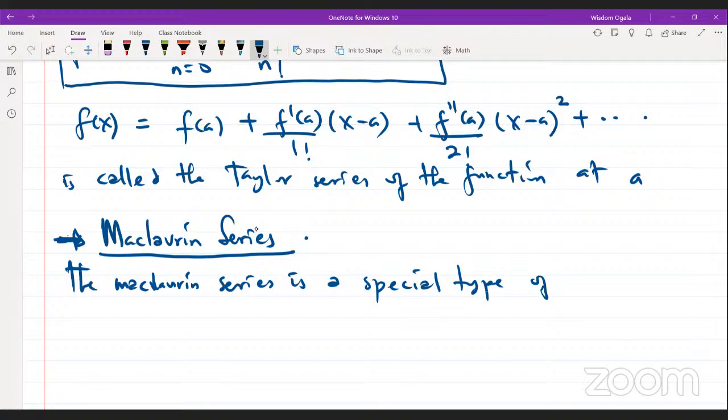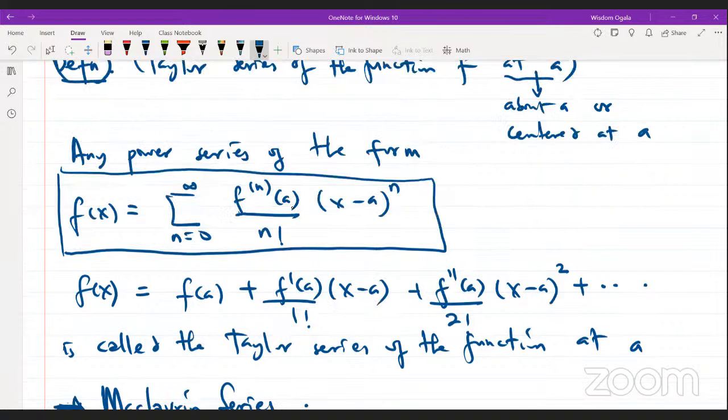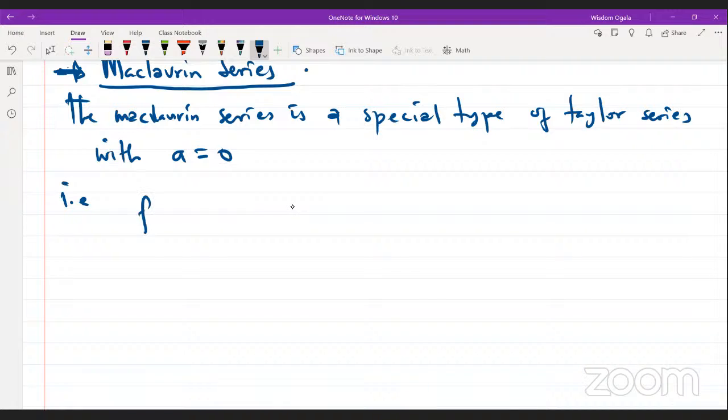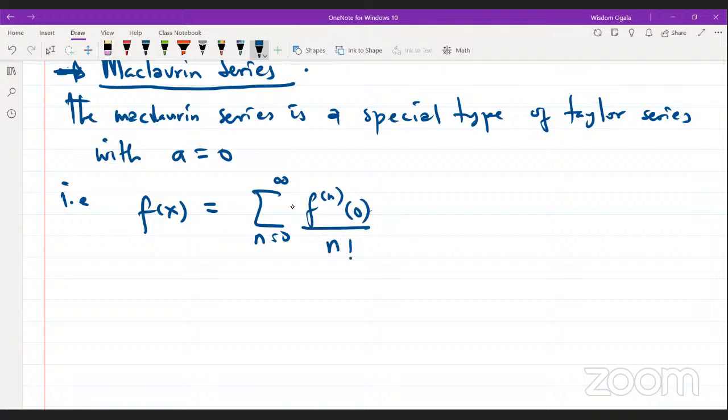So let me come here and do just the Maclaurin series. The Maclaurin series is a special type of Taylor series. If you have a Taylor series, the moment your a equals 0, what happens? We're talking about f of x equals this guy. Remember, your a is 0, so you have f to the n of 0 divided by n factorial. That was formerly x minus a to the power of n, but this a is 0. So when you do x minus 0, it gives you x. So you just have x to the n.